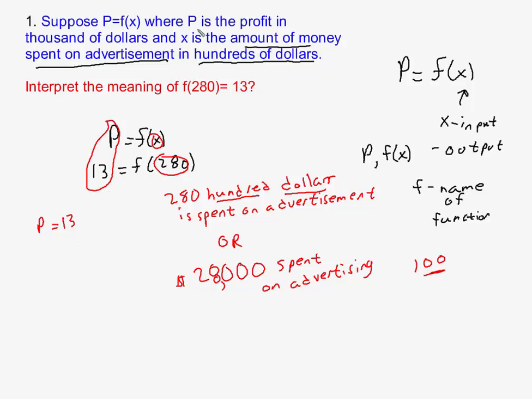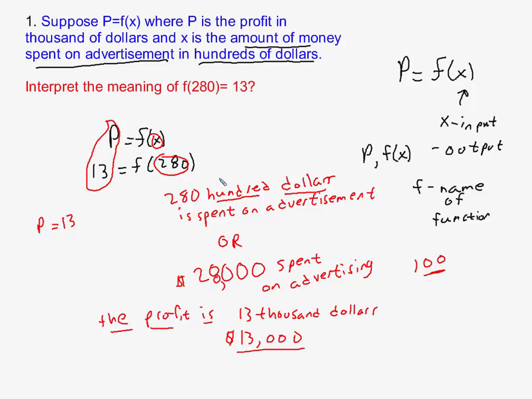P is 13, and we said p is the profit in thousands of dollars. So this doesn't mean $13 was made in profit. $13,000 is the profit. So you could either say when $28,000 is spent on advertising, the profit is 13 and then write the words thousand dollars, or you could say that the profit is $13,000, and you could write it this way.